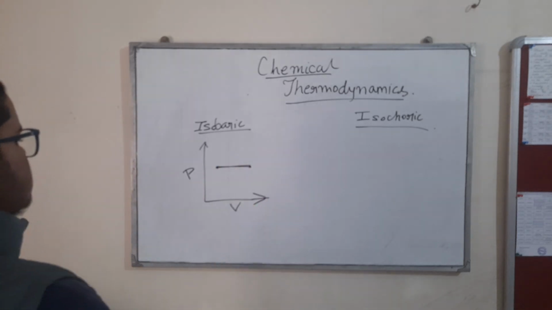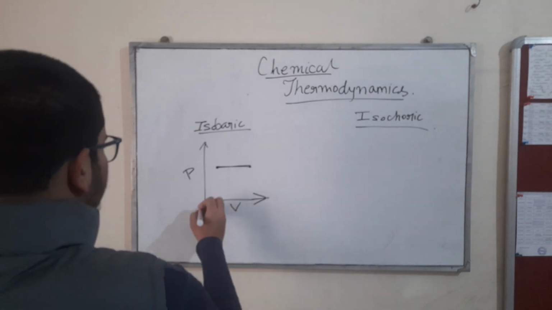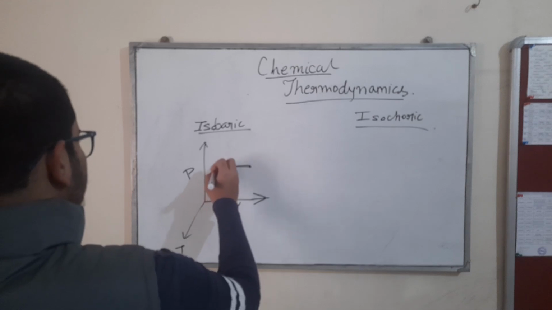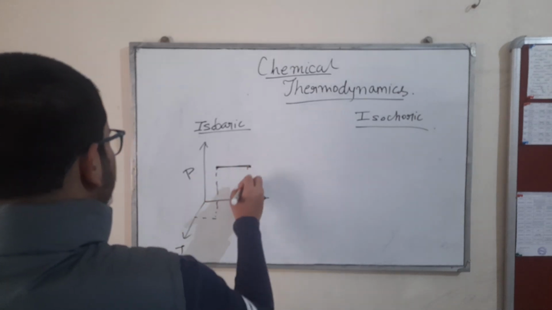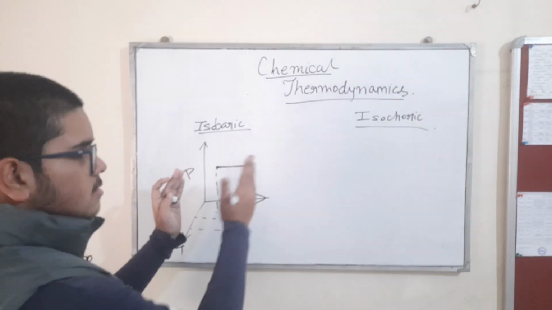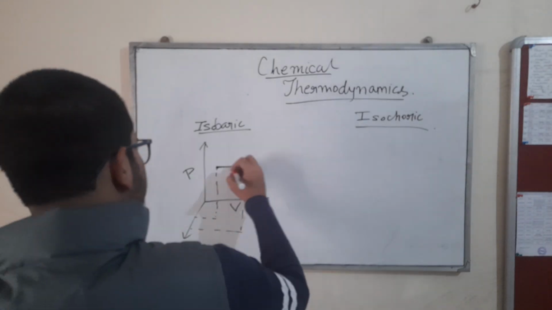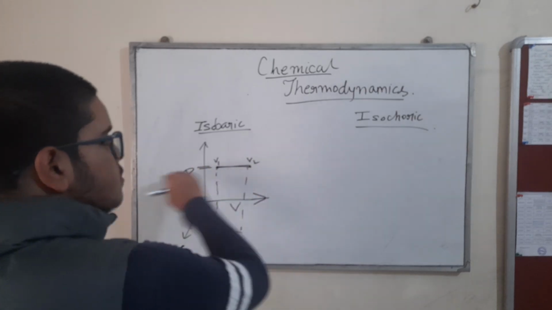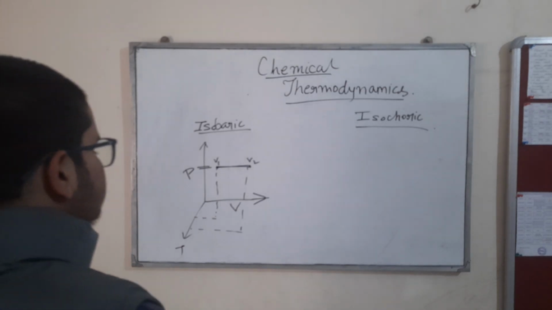Temperature is also continuously changing, but I will show you with two axes only. Let's not make it more complicated. Here is the temperature axis. Let's suppose this was first at this temperature and then later it went to this temperature. So the plane is a bit rotated towards this side. So the volume changed from V1 to V2, it increased, but throughout the process the pressure remained the same.